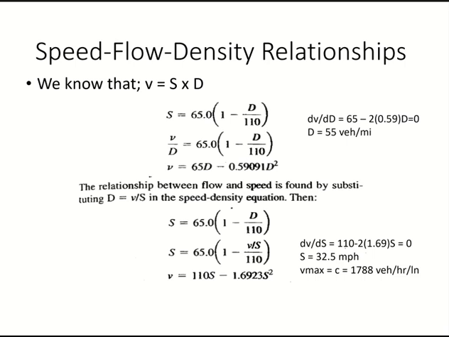Now, if I put the value of density over here, the flow should be maximum, right? So if somebody asks you for maximum flow, you can put this value of density over here and calculate it. This will give you maximum flow, maximum capacity.